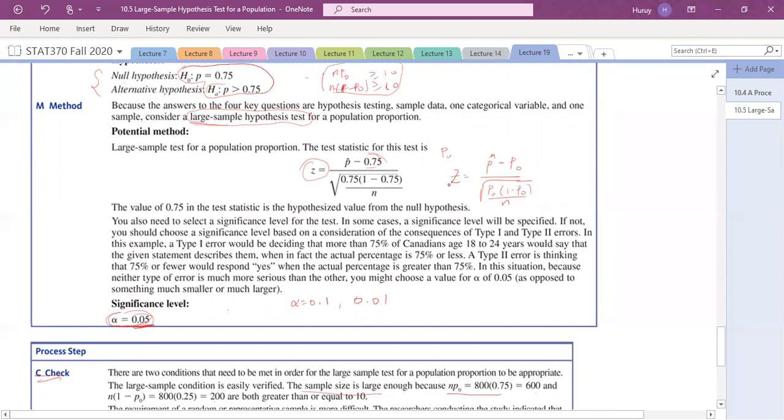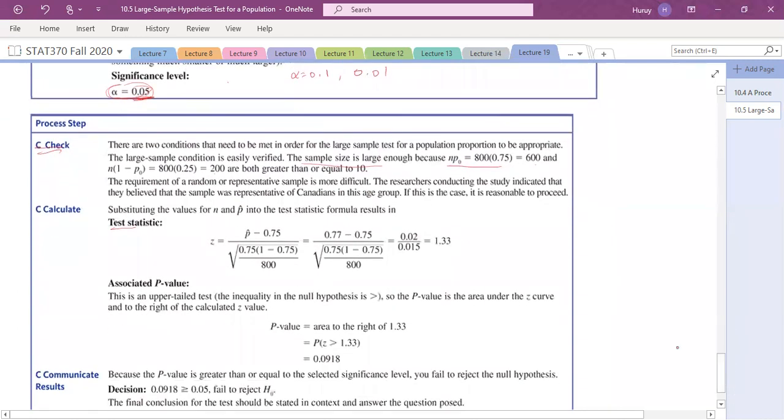You can either write it this way, or you can put the hypothesized value, but then you have these two remaining, and you don't need to substitute them at this point, because we will do it here. So the test statistic is given by what we have up there, and here we replace the unknowns by their values.